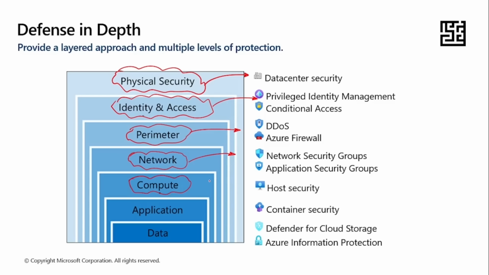Compute level security is taken care of by configuring host security. Application layer security will take care of things like container security. And when it comes to data, we have Defender for Cloud storage and Azure Information Protection.